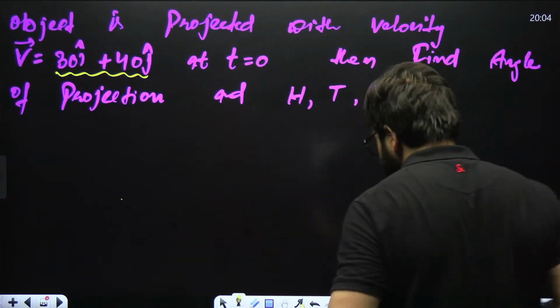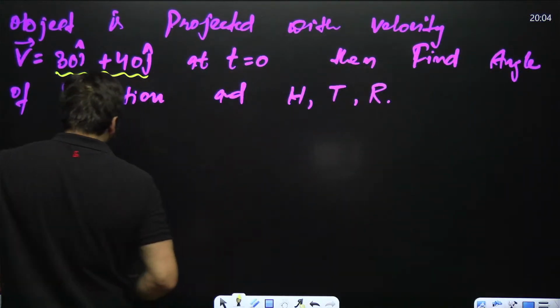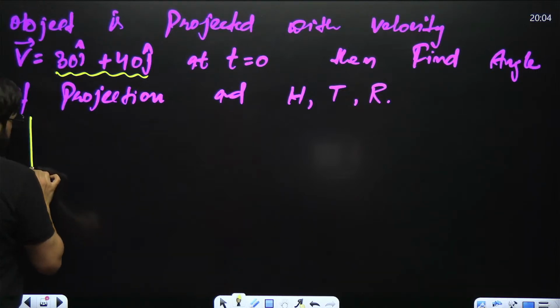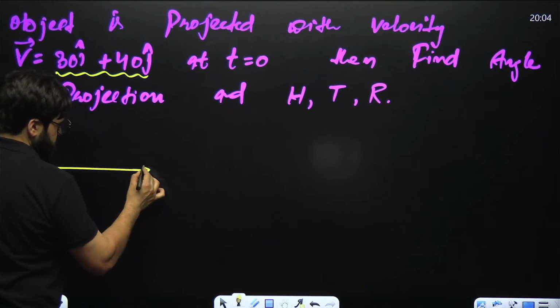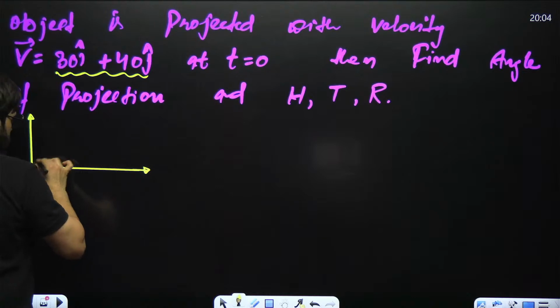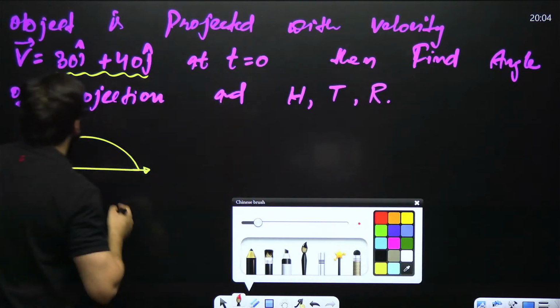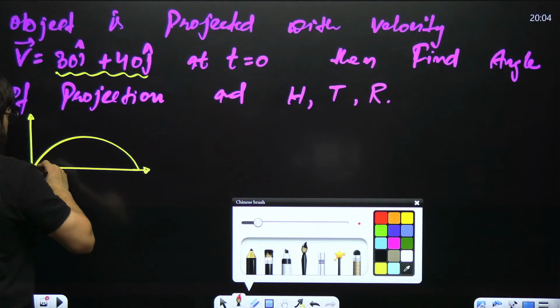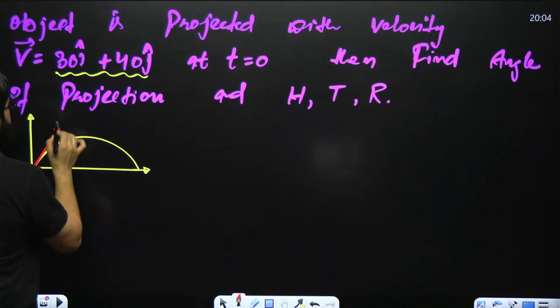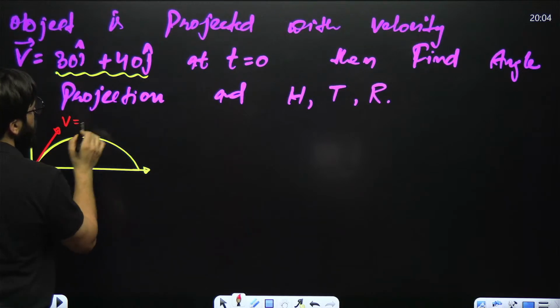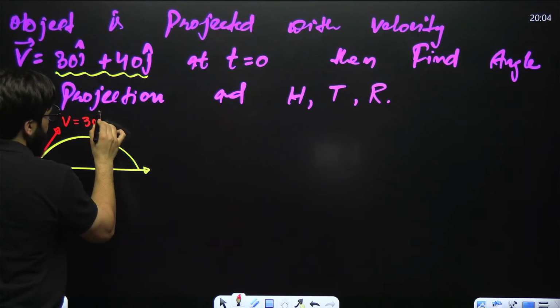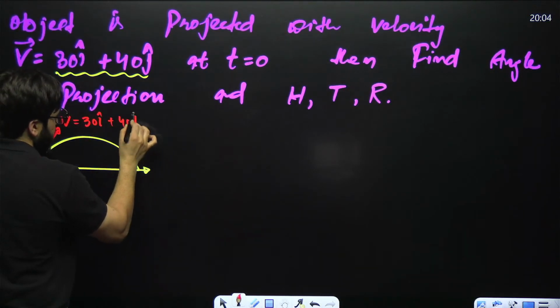Let me first draw the figure over here. There is an object which is launched something like this, with a velocity v equal to 30 i cap plus 40 j cap.